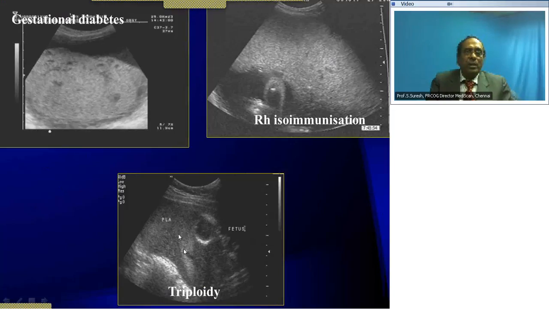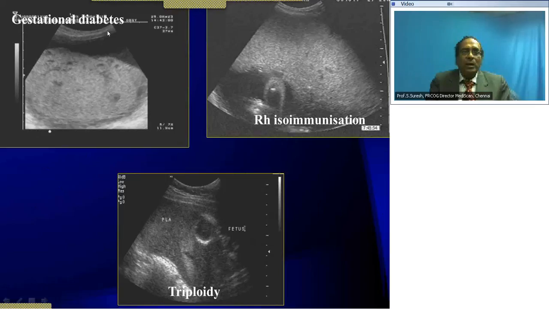Here is another placenta. Here the 16-week fetus, you can see hardly any liquor, but the fetus is almost crushed here inside the uterus, completely crowded, and a very large placenta. So you can have a very small baby and a large placenta. Certainly that means something is wrong, and you need to do a karyotype for the patient. So whenever there is a gross disparity in the size.